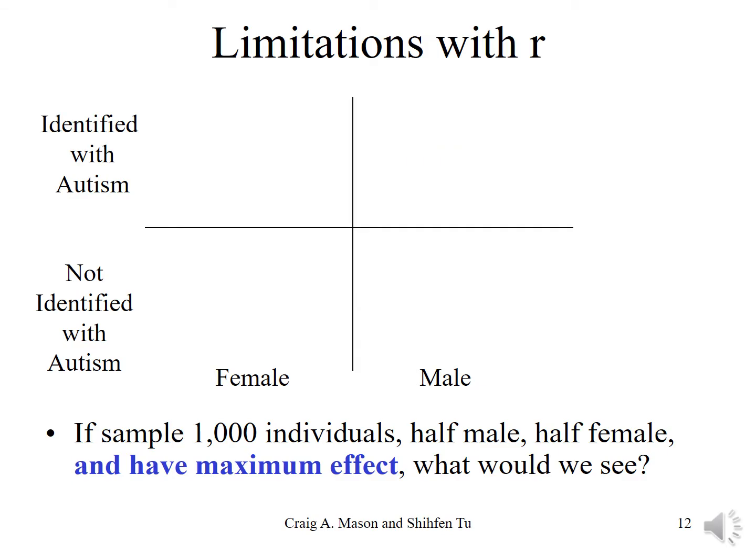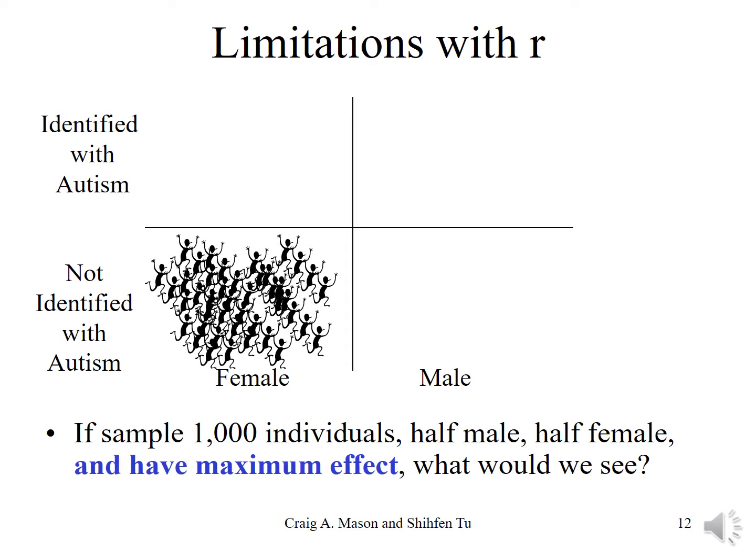I know it's more than that, but let's keep the math simple. In that case, let's say I sample 1,000 children, half male and half female. What's the largest effect I could see? Well, like we just said, every single female would need to be in the not identified group, all 500 of them.